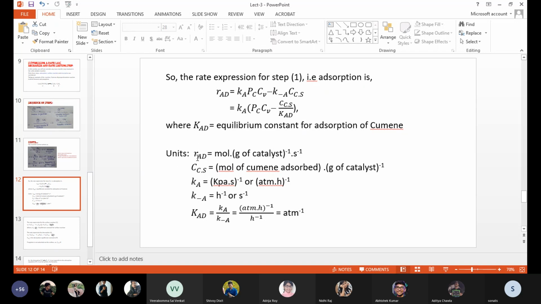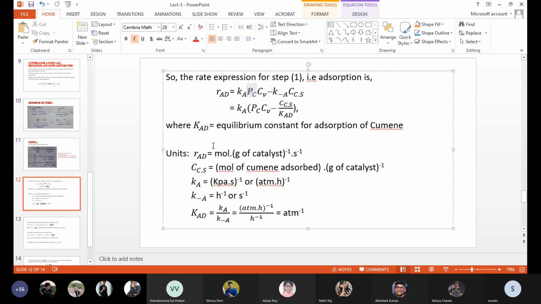Here the units: RAD is the rate of adsorption. The units are moles per gram of catalyst per second. This is the rate unit. C dot S is the occupied site concentration, in the similar way, moles of cumene adsorbed per gram of catalyst.